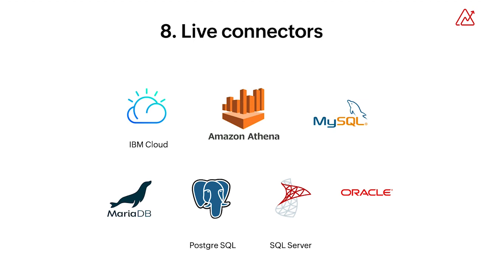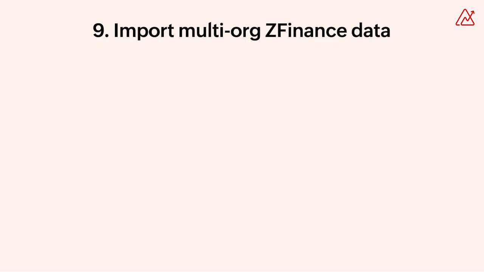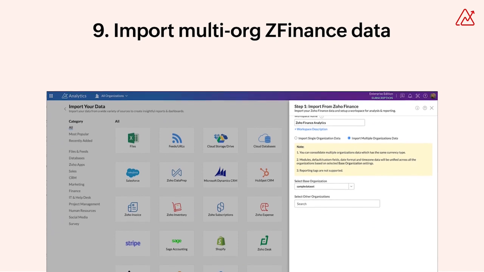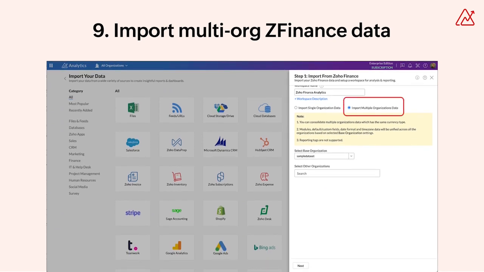All right. So, in the context of business app connectors, here's a quick update with respect to the Zoho Finance connector. Now, you can get data from multiple organizations inside your Zoho Finance account at the click of a button.